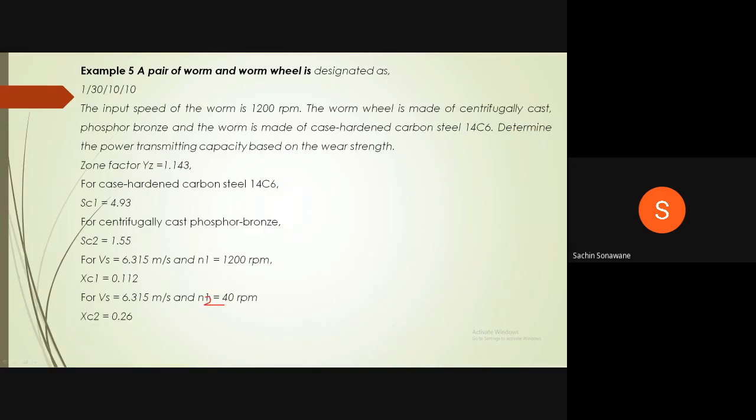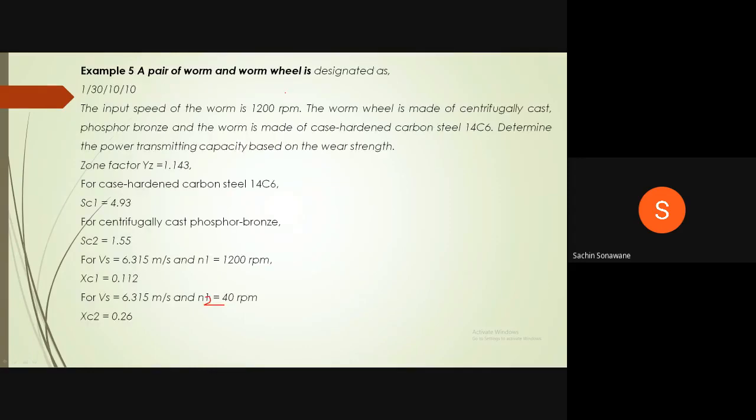Okay, we'll see the solution now. Given data will remain the same: Z1 is equal to 1, Z2 is equal to 30, Q is equal to 10, M is equal to 10 mm.